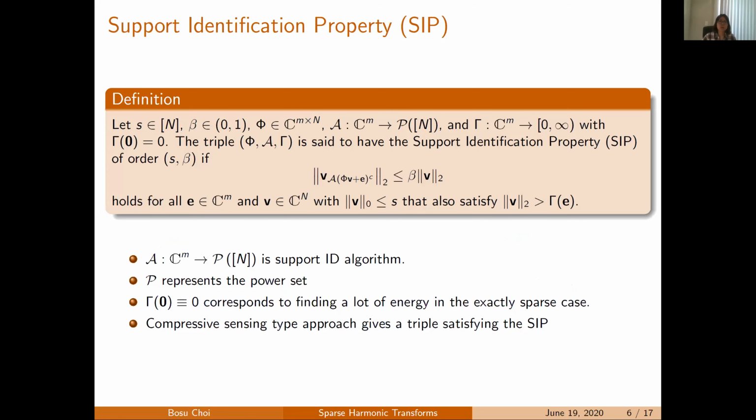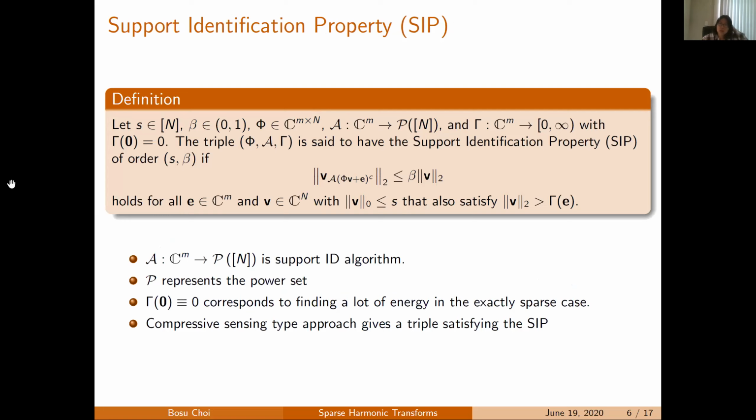Then before introducing our specific algorithm, we identify the common property with which any support identification will approximate the desired support greedily. That property is called the support identification property, in short, SIP.